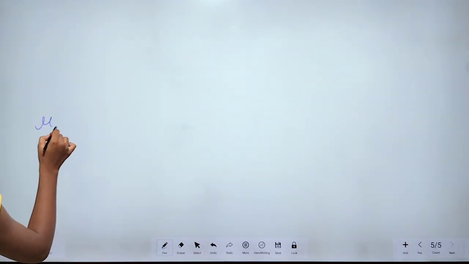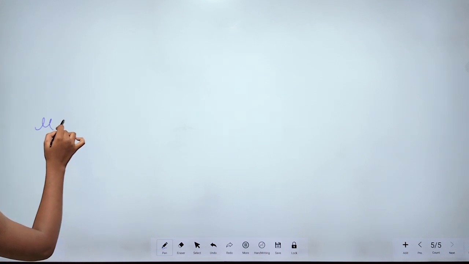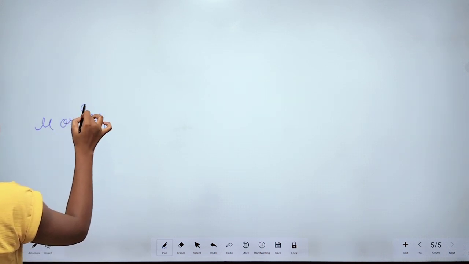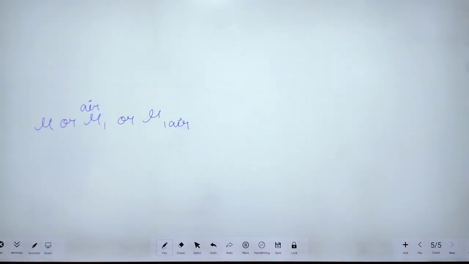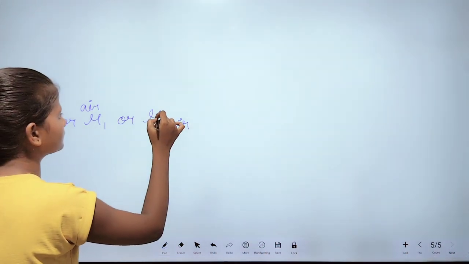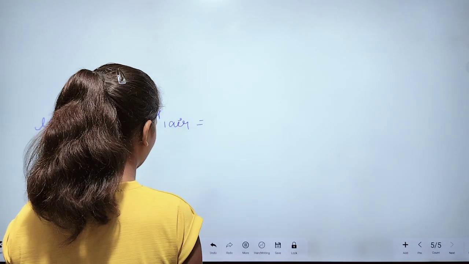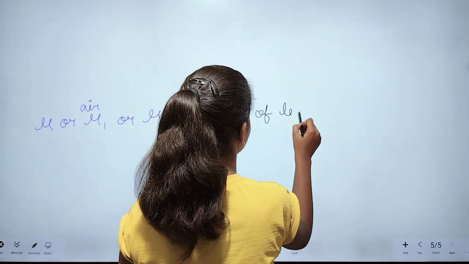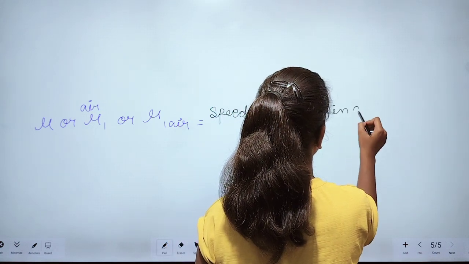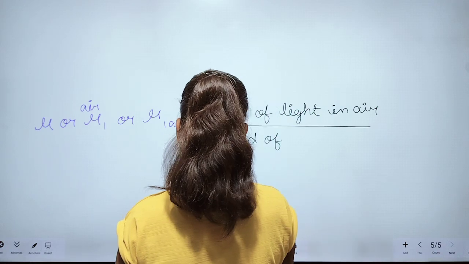We can write mu, or you can also write mu 1, meaning refractive index of medium 1 with respect to air, is equal to speed of light in air by speed of light in medium.